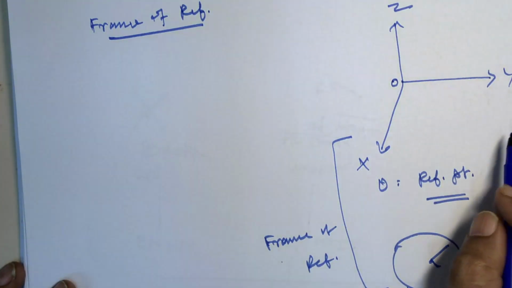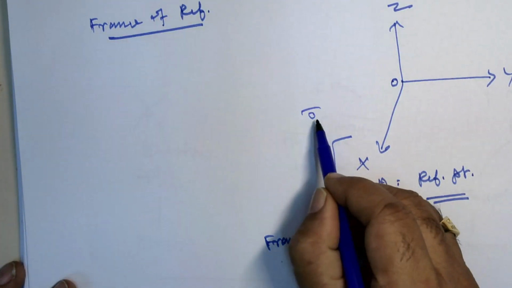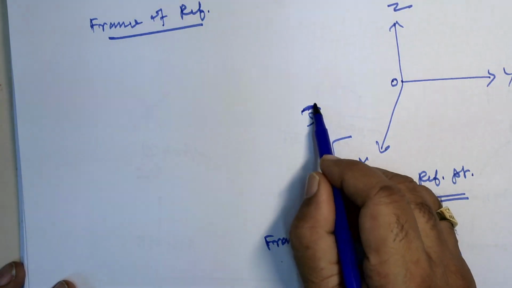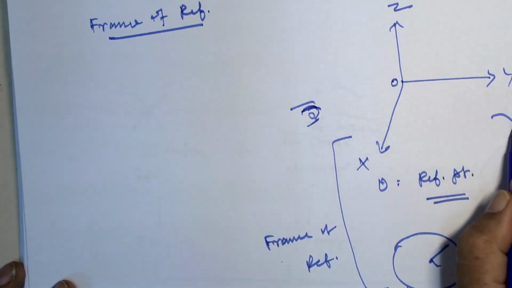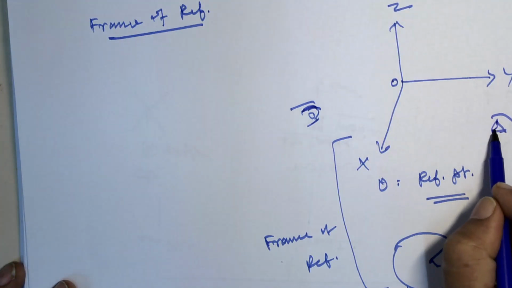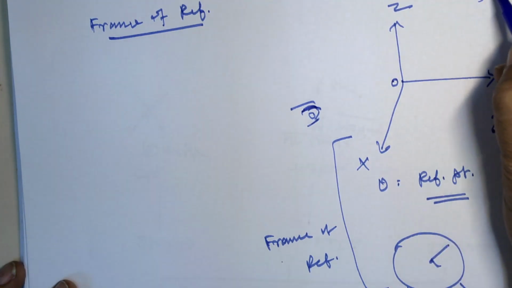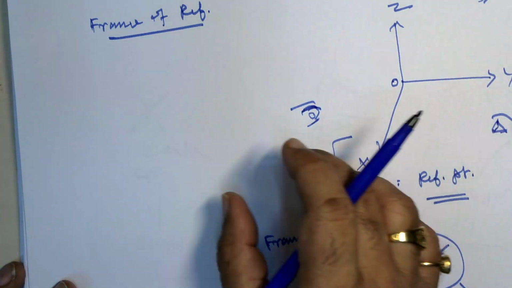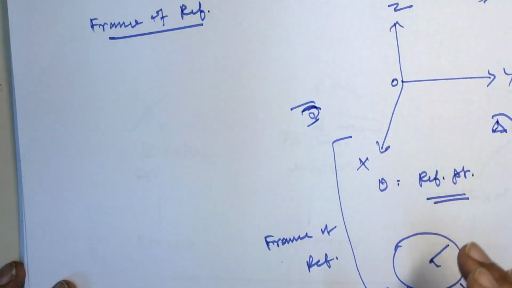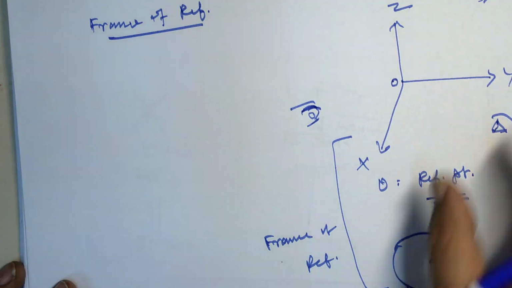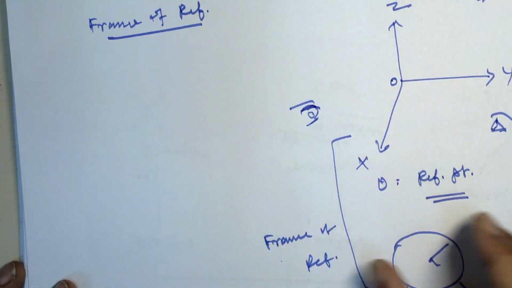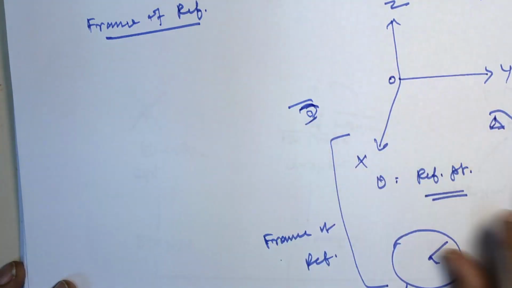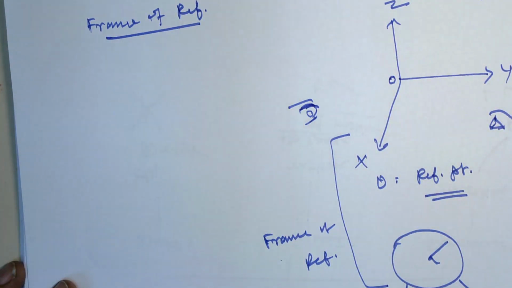For example, one person may be looking from here, another from here, another from here. These are all with respect to the time and the position we are deciding. Together they are called the frame of reference. Do you understand this basic concept?